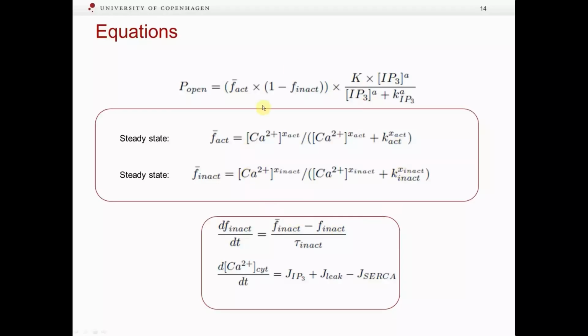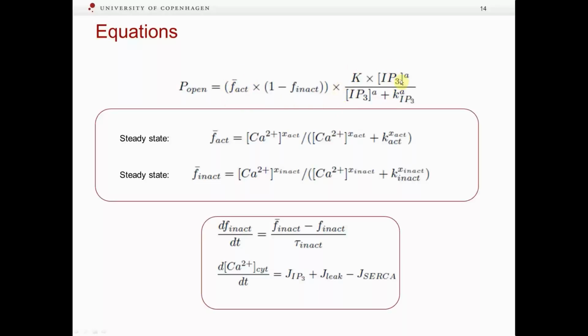This is a set of equations for the simplified model. The open probability, as for the de Jong-Kaiser model, depends on the likelihood of the activating calcium site being occupied, the likelihood of the inactivating calcium site being occupied, and the likelihood of occupation at the IP3 binding site.